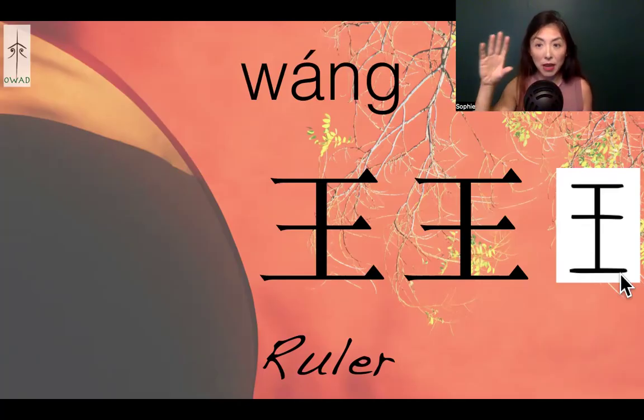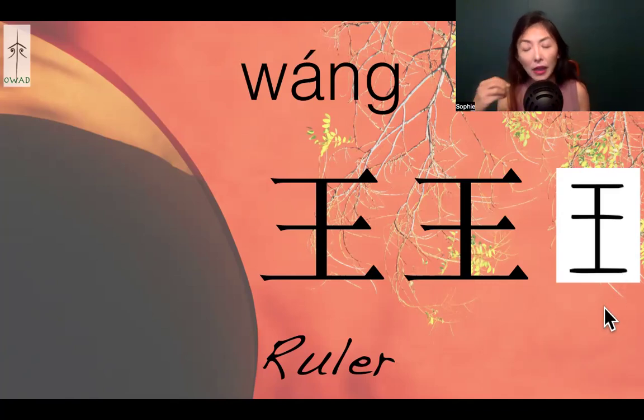And then the remaining vertical line and two horizontal lines on the top mean the decorated staff. I forgot the English word.